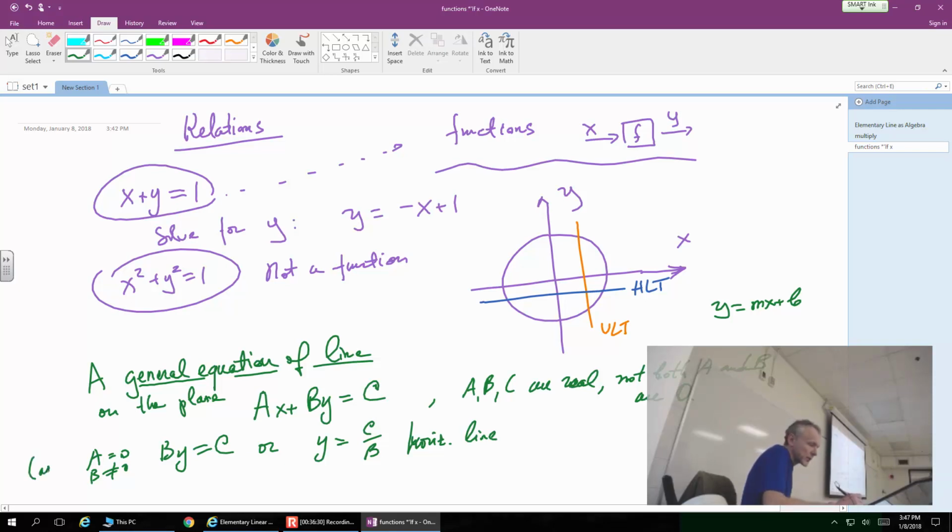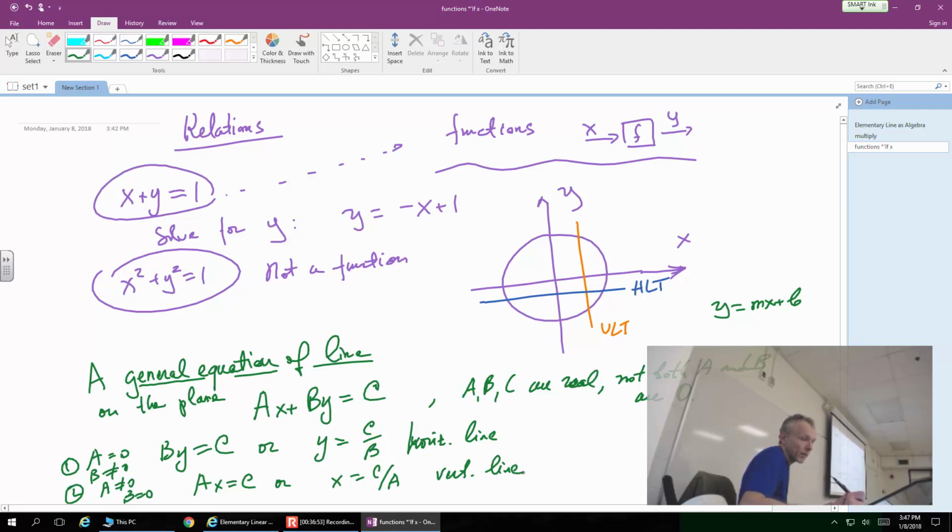And the second extreme case is the opposite: a is not equal to 0 and b is equal to 0. Then you have ax equals c, or x equals c over a, and this is a vertical line. And then the rest of the lines with slopes will also be present.